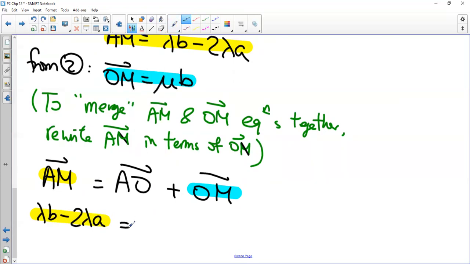AO is minus A. But OM is mu B. So just to show you where each part goes.